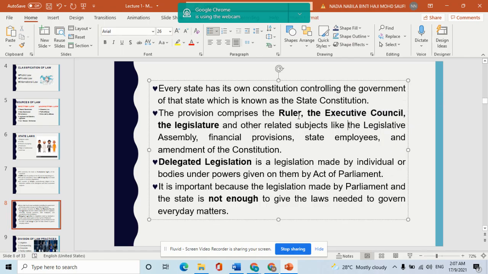The ruler and executive councils here mean those who will be ruling, the political party or whatever is the government at that moment. If it is ruled by one specific political party, then they have to go through all the cabinet members, all the YBs, the important representatives of the state for each of the constituents.